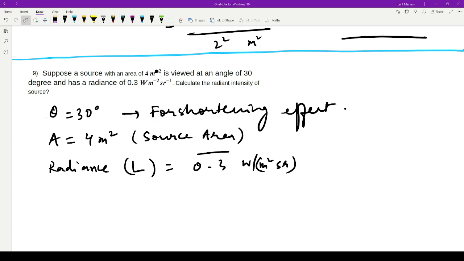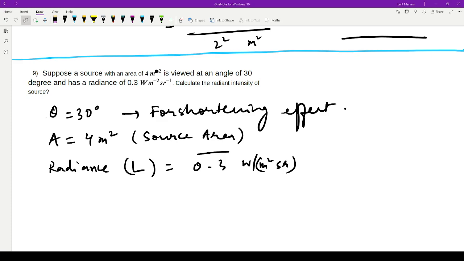We can calculate. What is R? Radiance should... intensity.